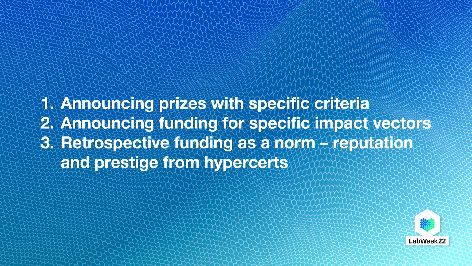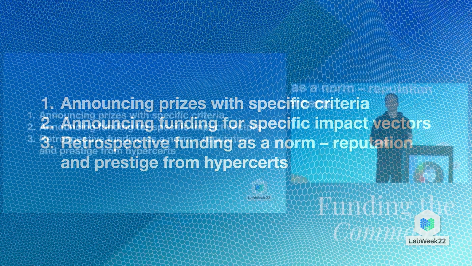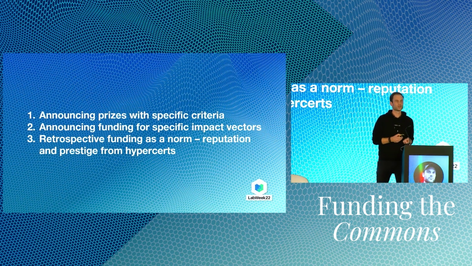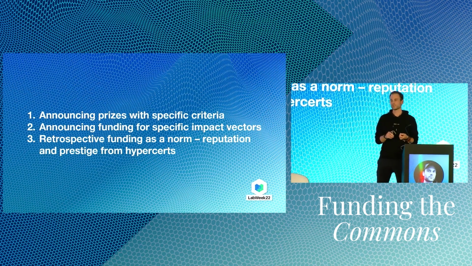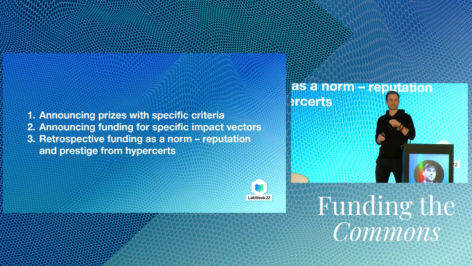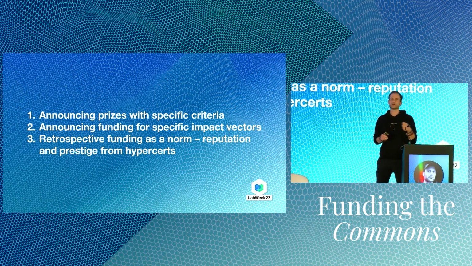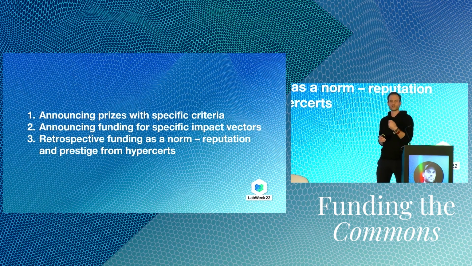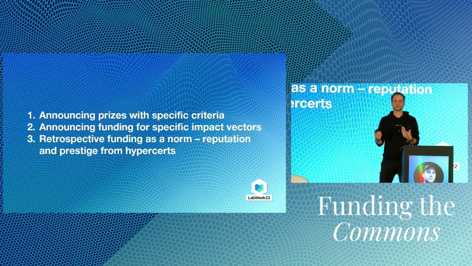So this is just a small departure from how price competitions work today. What we are excited about is, if this really happens on the same system with a lot of different price competitions, we can also think about a second step where you don't specify exactly what you're looking for. You're opening up the solution space even further, and you announce funding for a specific impact vector.